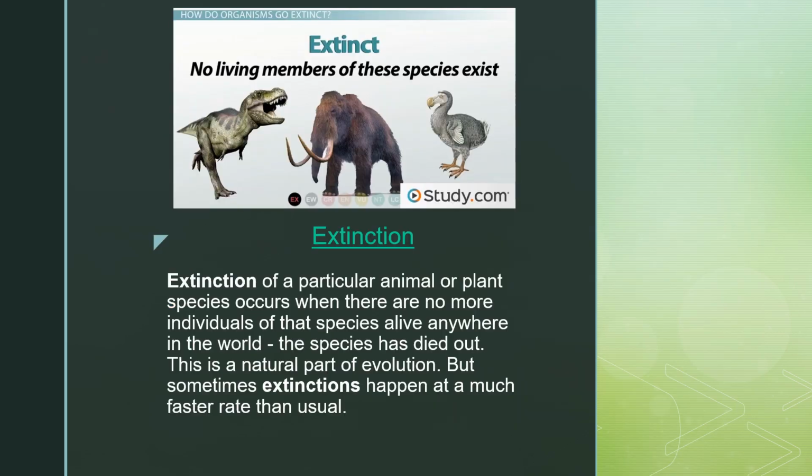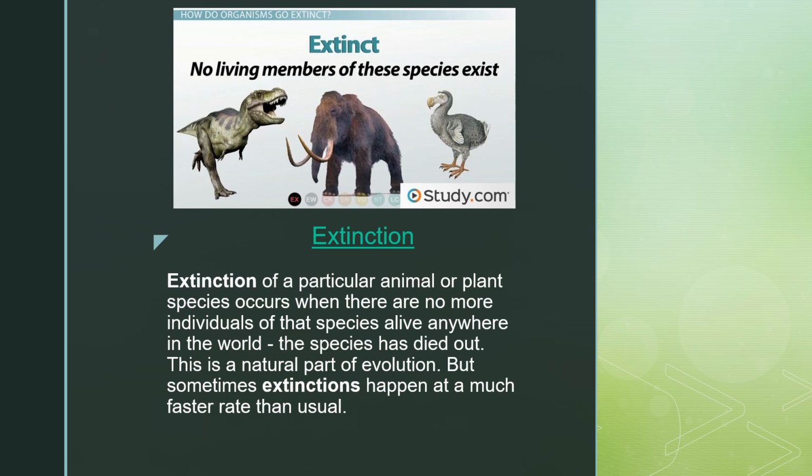Over the last few slides, you have heard me use the word extinction. Humans can cause extinction of a species through overharvesting, pollution, habitat destruction, introduction of invasive species, overhunting, and other influences. Extinction means that the species has died out.